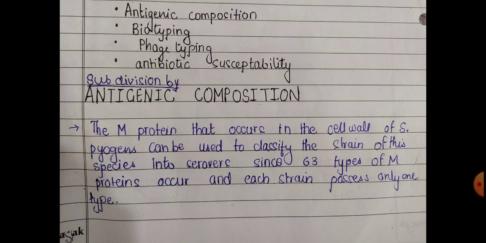First of all, the M protein that is found in the wall of Streptococcus pyogenes. It is used to classify the strains of this species into serovars, since 63 types of M protein occur and each strain possesses only one type.